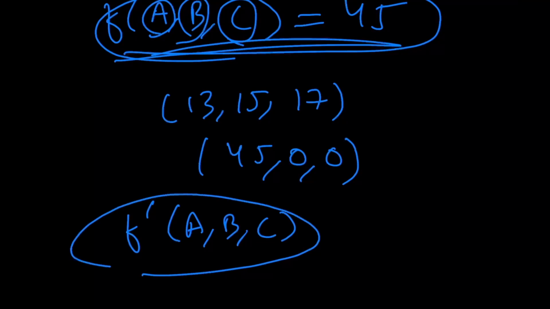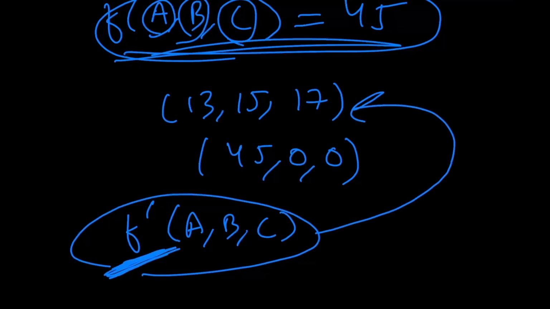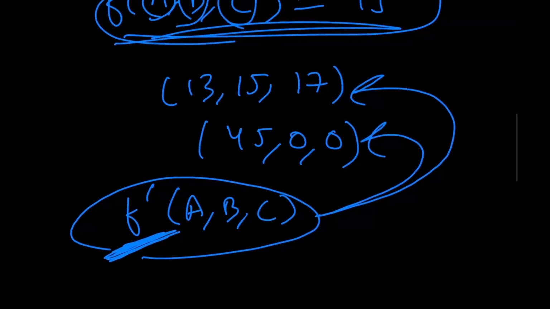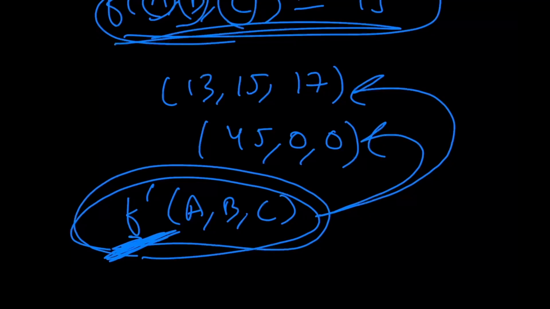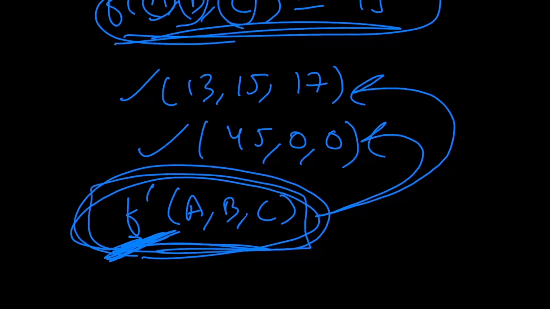F dash is a new property that I define, which has a different value for this state and a different value for this state, right? If I can come up with such a property f dash that has different values for the initial and final state, and I can also prove that this f dash property remains the same, the value of f dash remains the same after and before a transition.